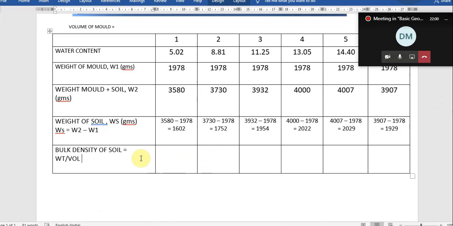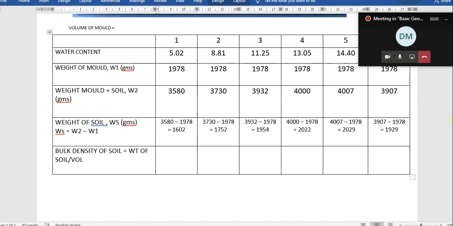To calculate density, density is given by the weight of the soil divided by the volume of the mold. The weight of the soil we have calculated here. The volume of the mold is given in the question.